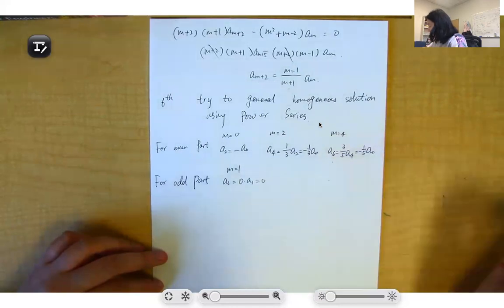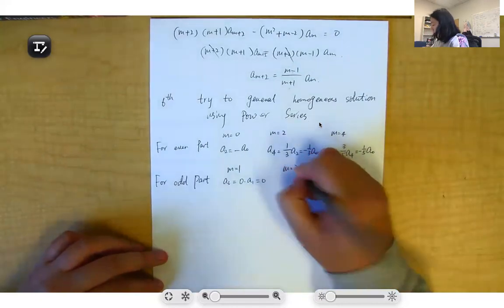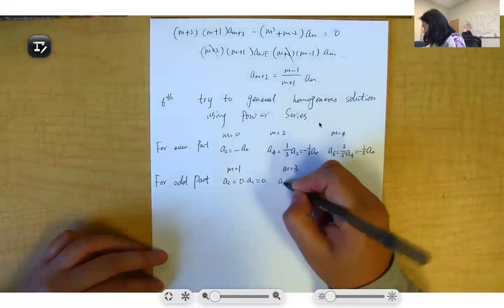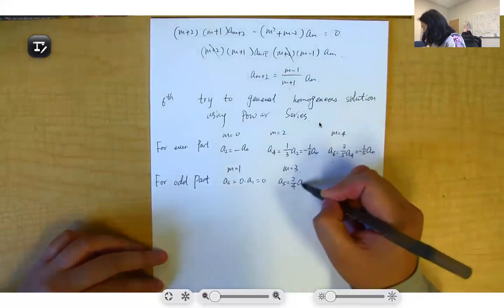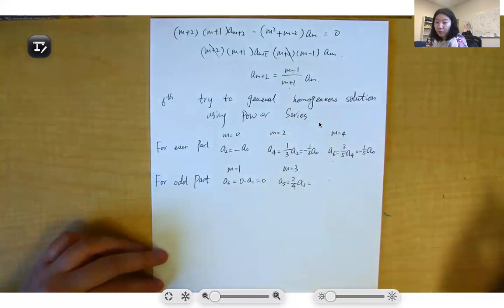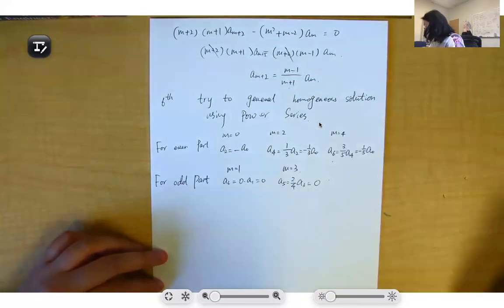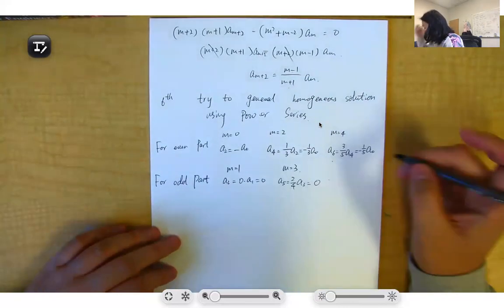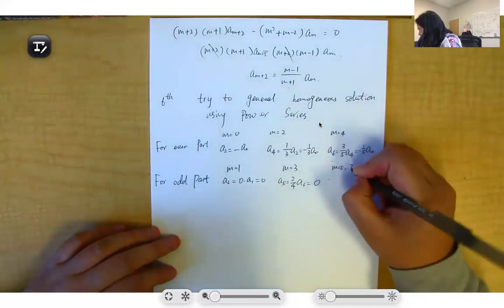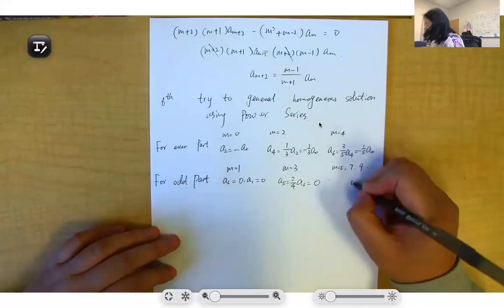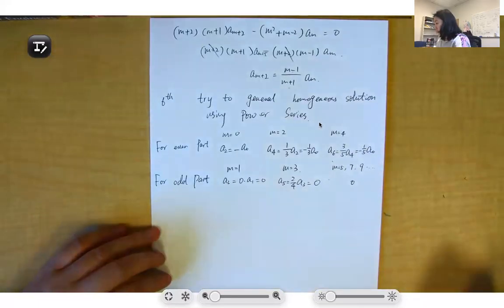That will be 0. For m equals 3, a5 equals 2/4 a3. But since a3 equals 0, the whole term will be 0. So m equals 5, 7, 9 will all be 0 for the odd part.